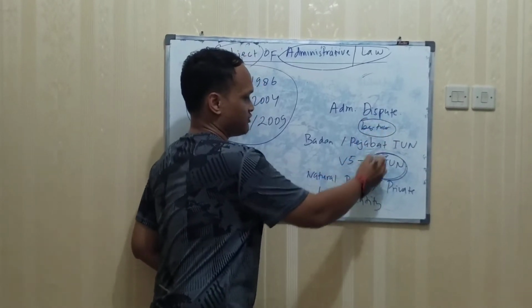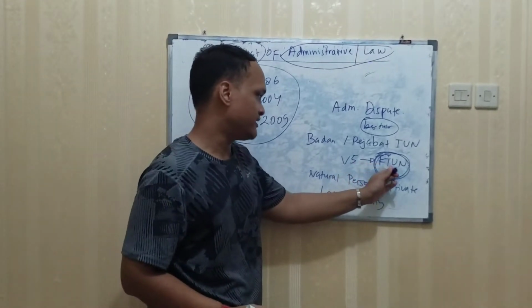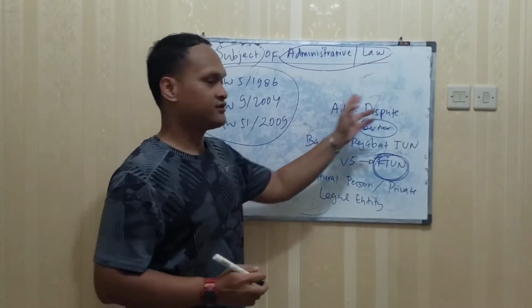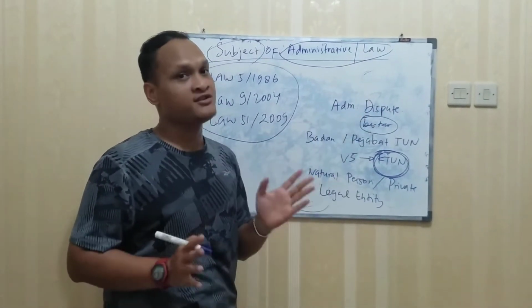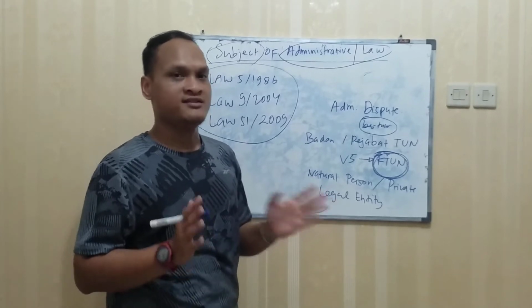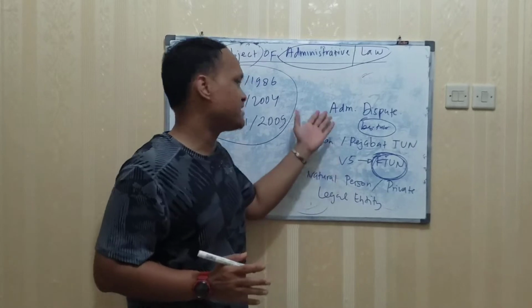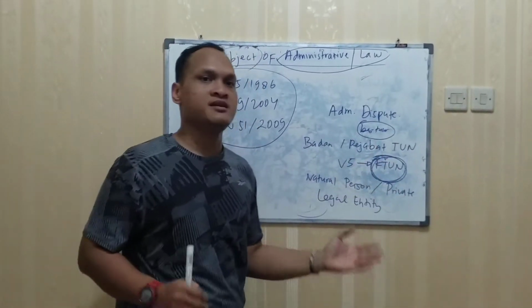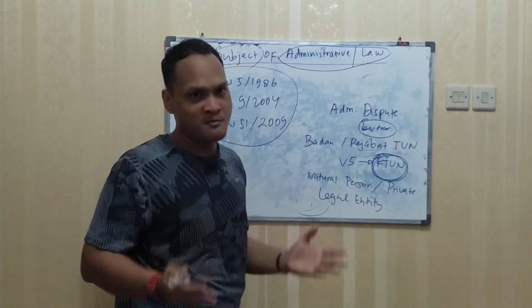So as a Bestuur, their decision in the form of keputusan tata usaha negara can be sued as administrative dispute in administrative court. But their decision as the other function of Bestuur cannot be brought as an administrative dispute. For example, when DPR issues an undang-undang, DPR is playing their position as the lawmaker.